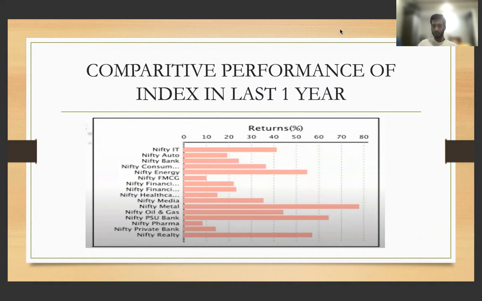The top performing index in the last 1 year has been Nifty Metal, considering the upward movement of commodity prices due to geopolitical tensions and health related issues coming up all over the world and supply chain disruptions. So these are all reasons due to which Nifty Metal has performed much better and given 70 to 80%, but Nifty IT also stands with 42% returns in the top five performing indexes of NSE.